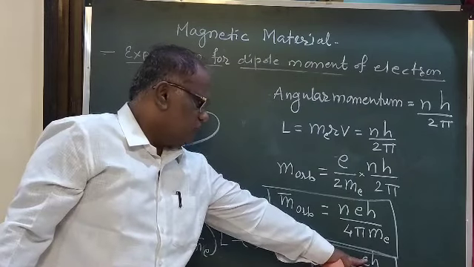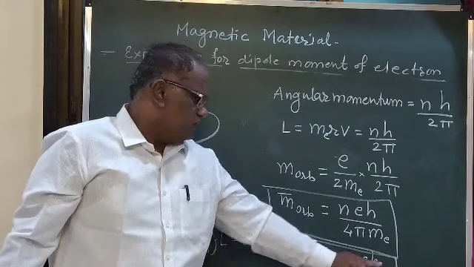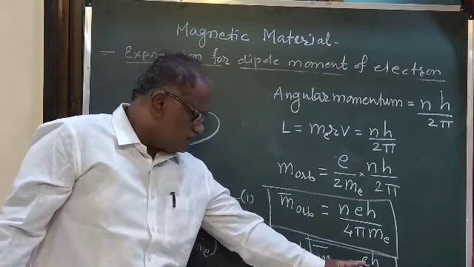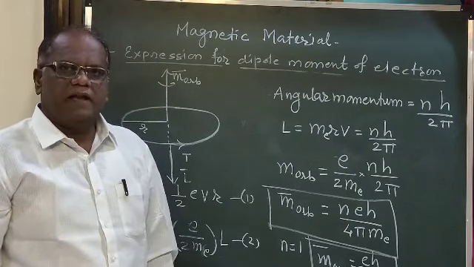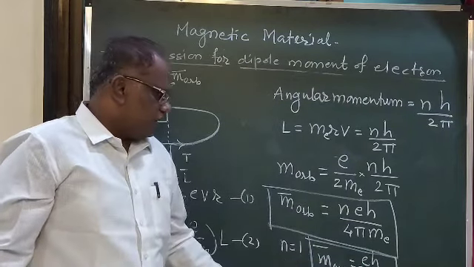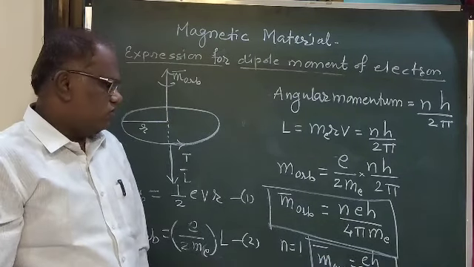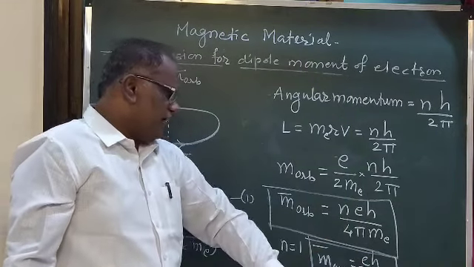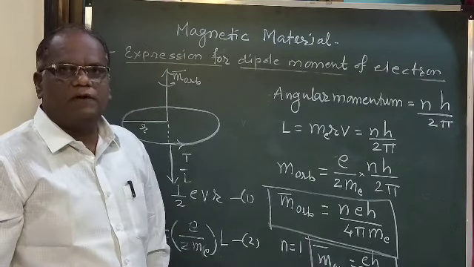This value is again a constant. e is the charge on the electron, h is Planck's constant, m is the mass of the electron. This value is called Bohr's magneton, and thus the dipole moment of the electron can be expressed in Bohr's magneton. Bohr's magneton can be defined as the orbital dipole moment of the electron in the first orbit of the hydrogen atom.